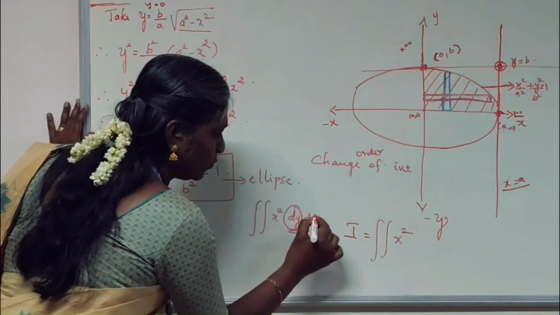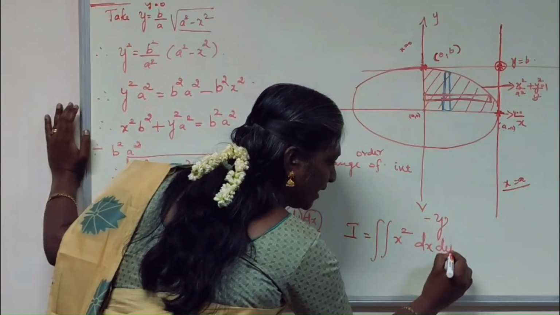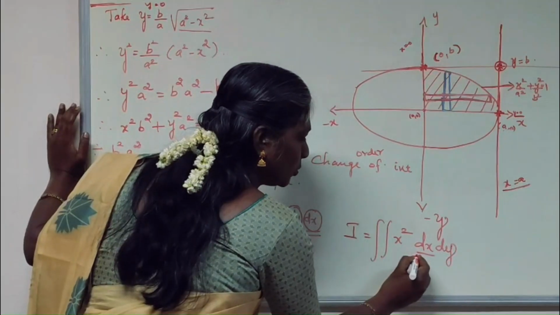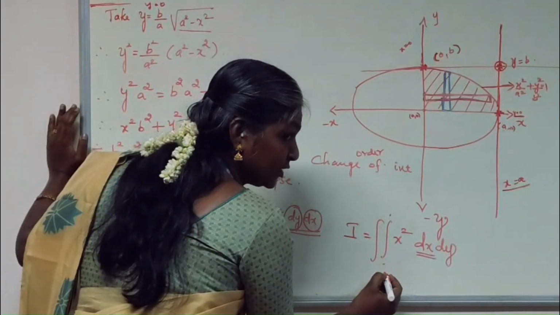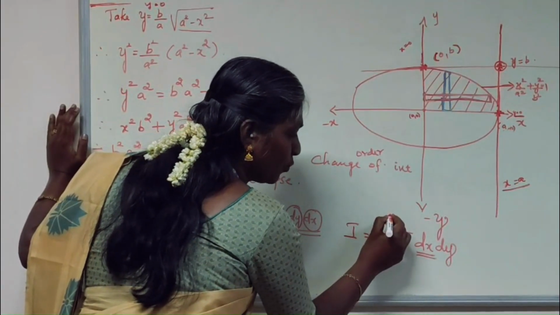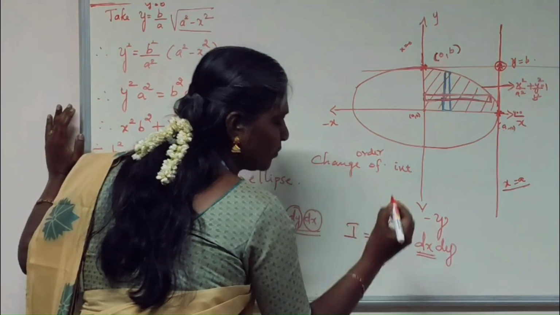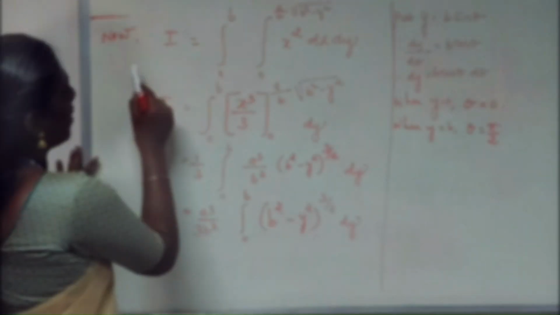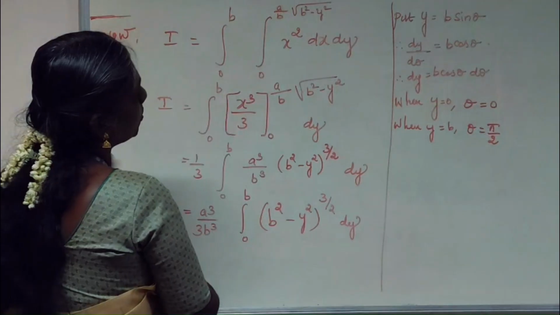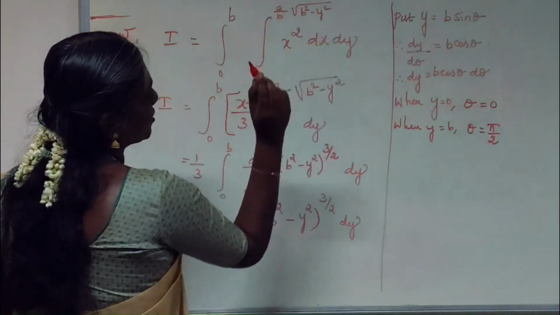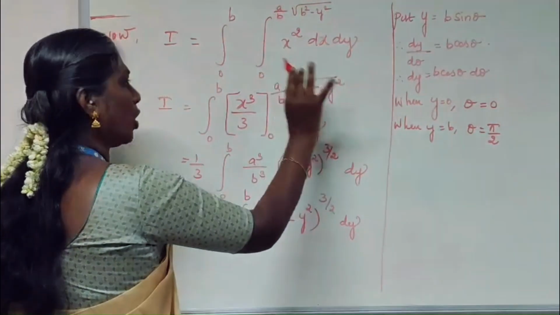Already we have dy dx; now we write dx dy. So now we want to write the limit of x in terms of y, and the y limit is a constant. Now I is equal to the integral over 0 to b, integral over 0 to a by b root of b squared minus y squared of x squared dx dy. Already we changed the order.